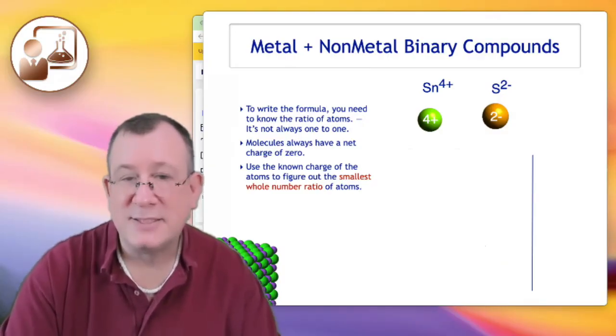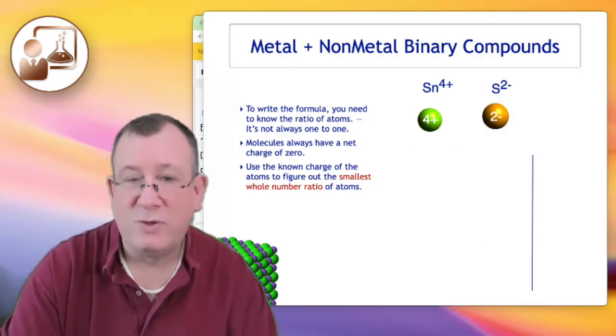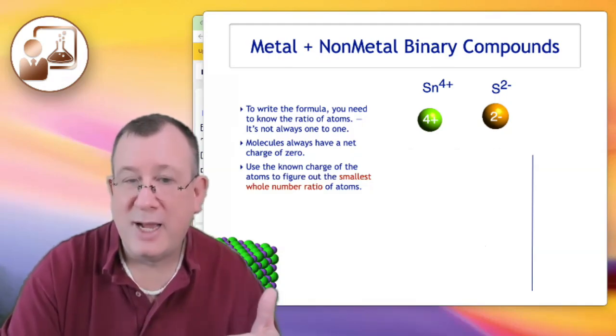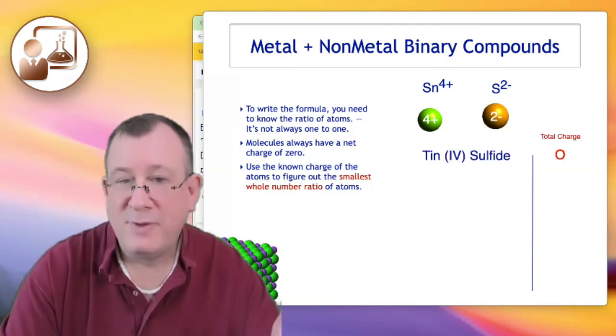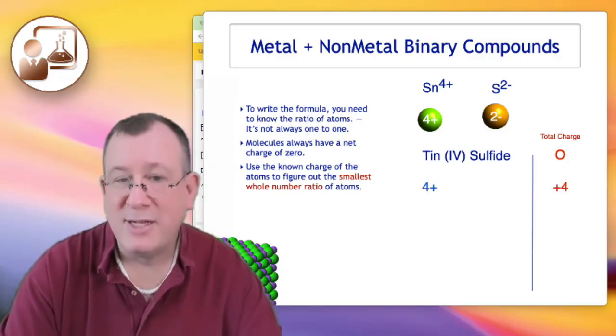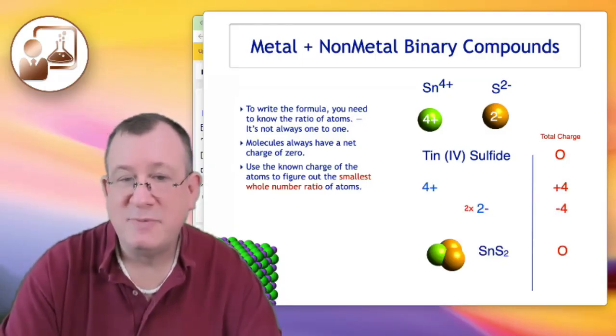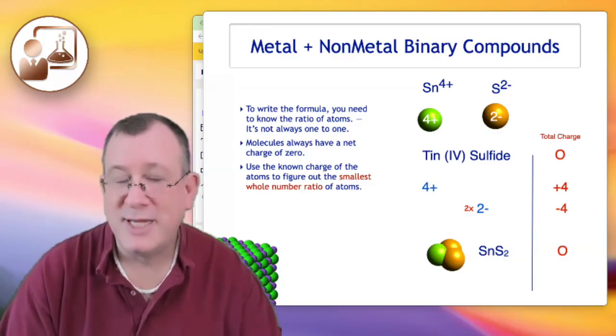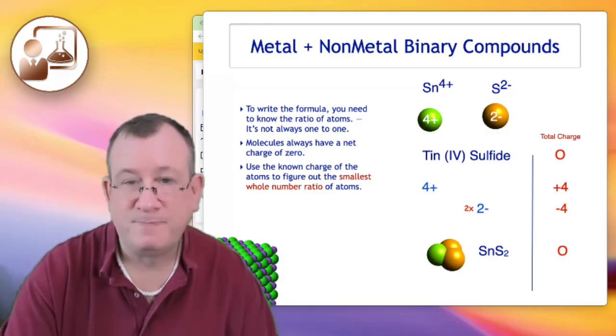That's not the case. The least common multiple here is 4. So I can neutralize the charge with 1 tin and 2 sulfurs. That means my formula is SnS2. Be careful. Don't just swap the charges as subscripts.